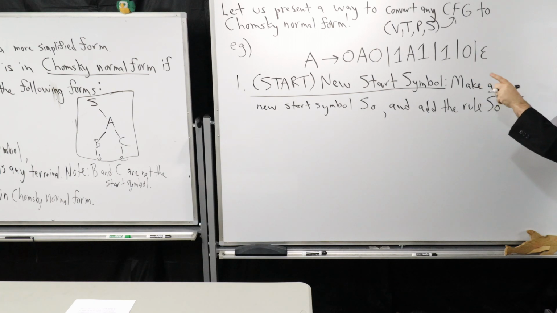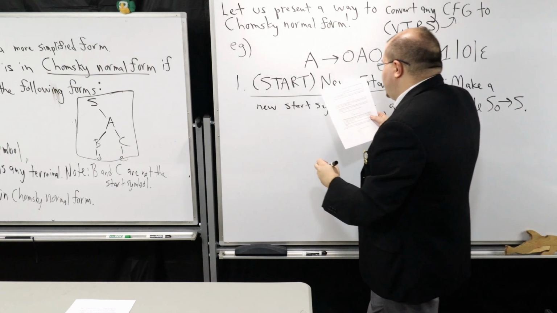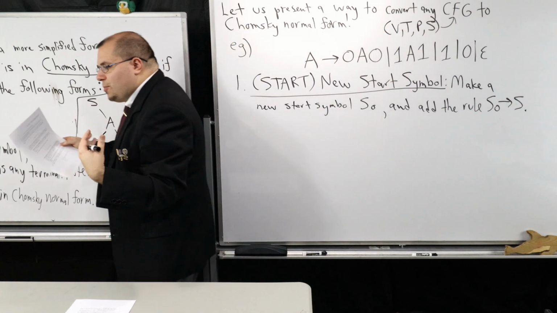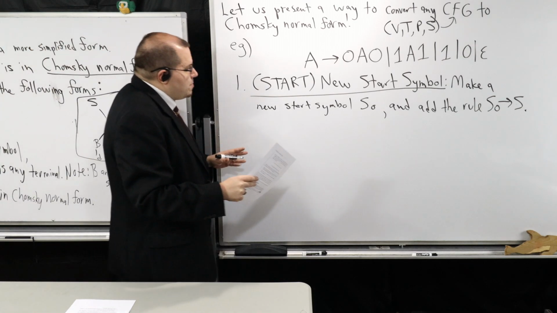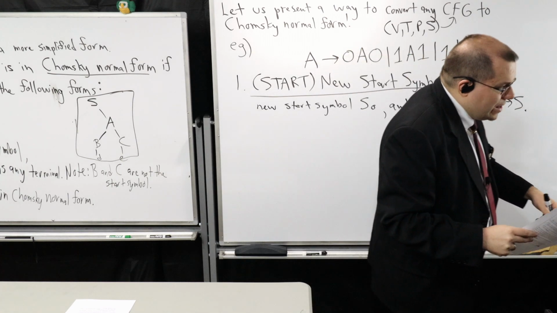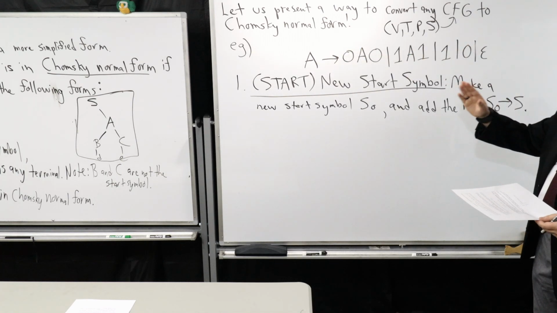So in our example, it would be A instead of S. You might ask, Dan, why do we need to do this? This will guarantee that the start symbol will not appear on the right side of any production rule. So I'm going to create a brand new one.